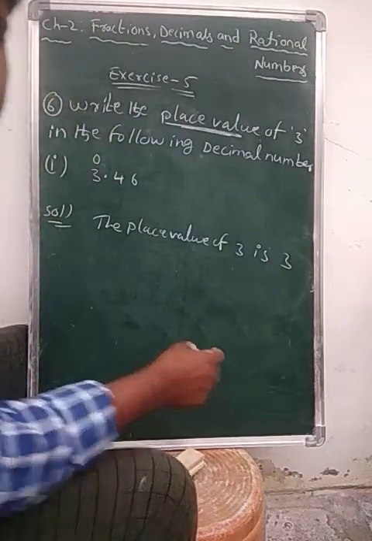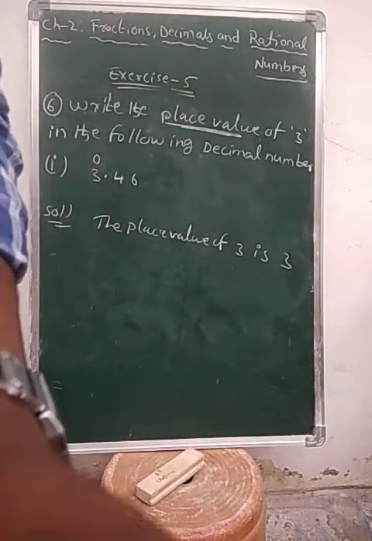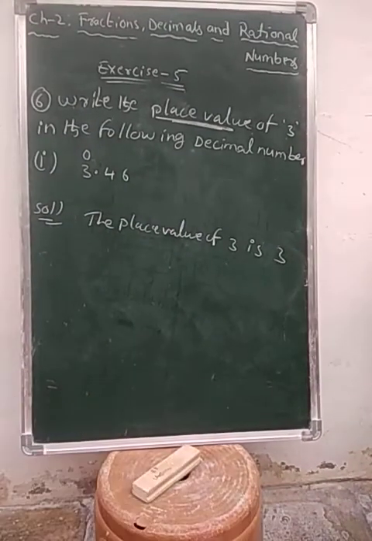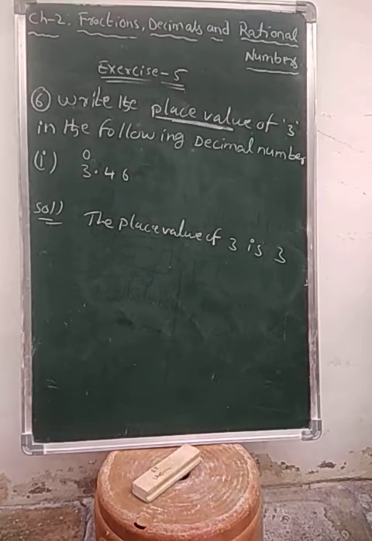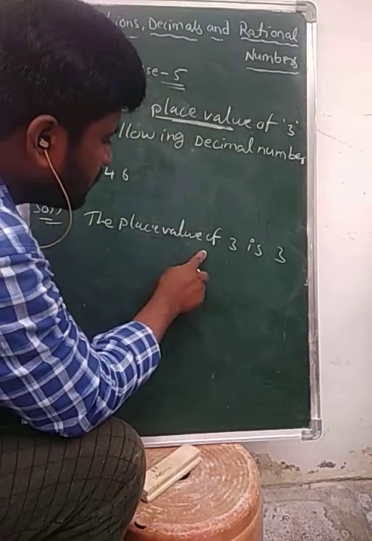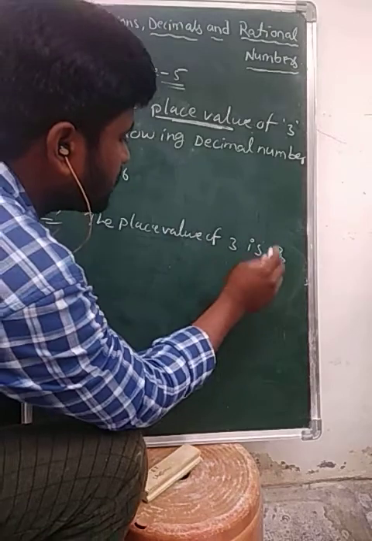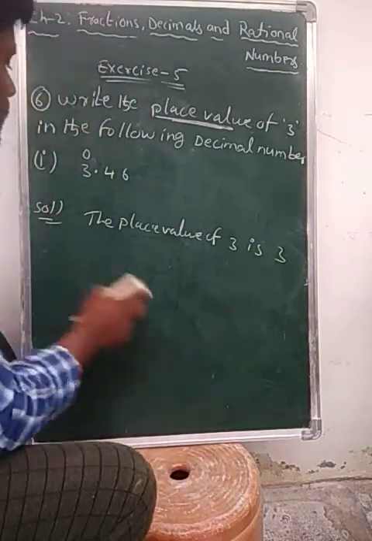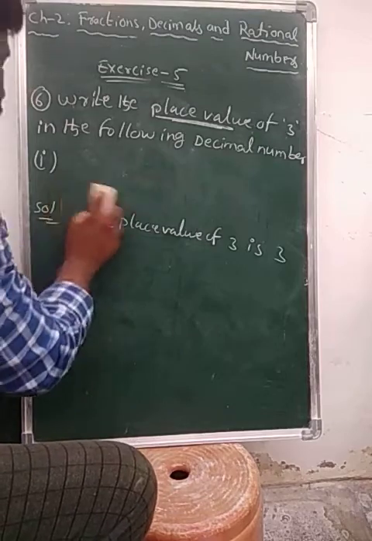Is it clear, students? So the place value of 3 is 3, because it is in the ones place, 3 ones are 3 we get. So this is the required answer.